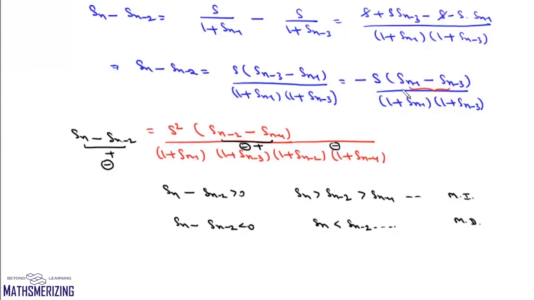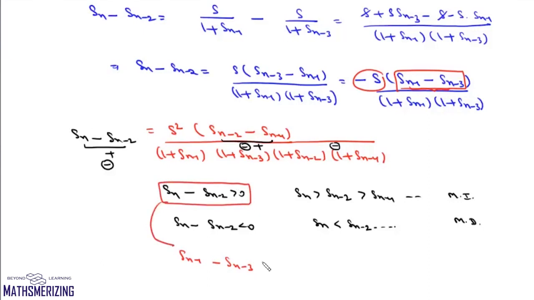Now, if we look at the sequence of other terms, which is S_{n-1} and S_{n-3}, there is this minus sign. So that means this S_{n-1} minus S_{n-3} will be negative when S_n minus S_{n-2} is positive. That means S_{n-1} will be less than S_{n-3}. In that case, the sequence will be monotonic decreasing.